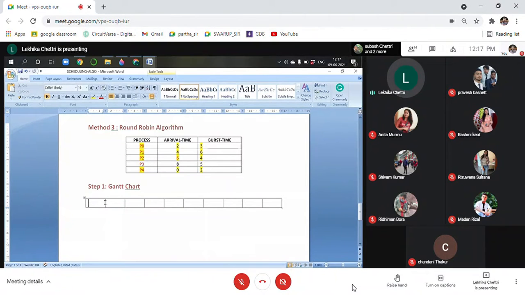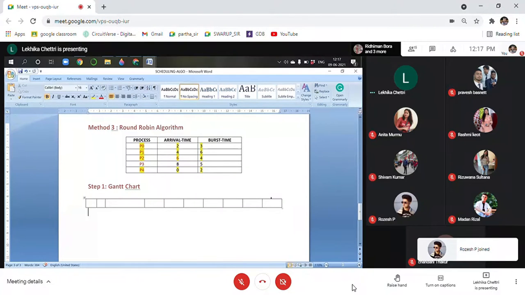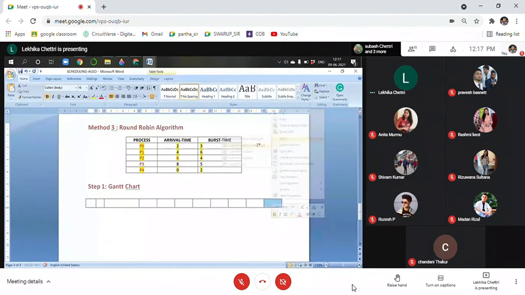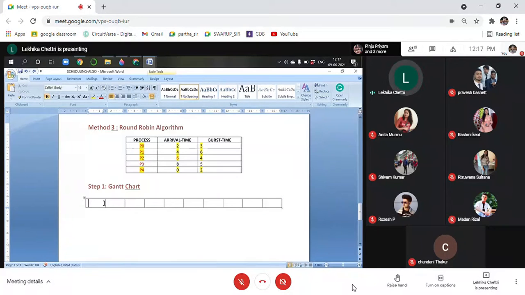So in the Gantt chart, what we are going to do is write down P4 because it has come first.